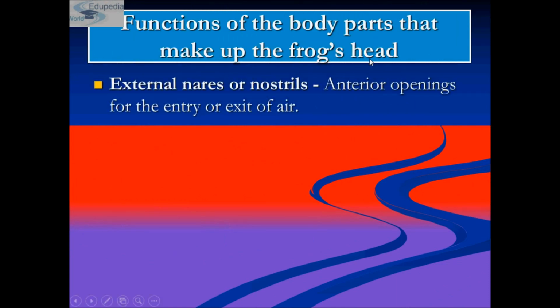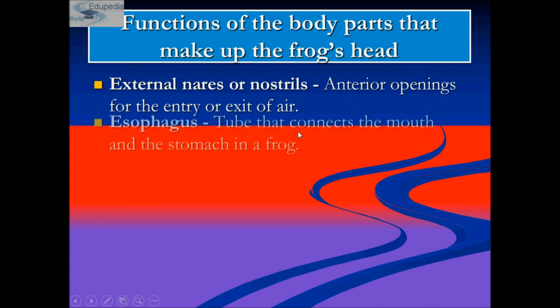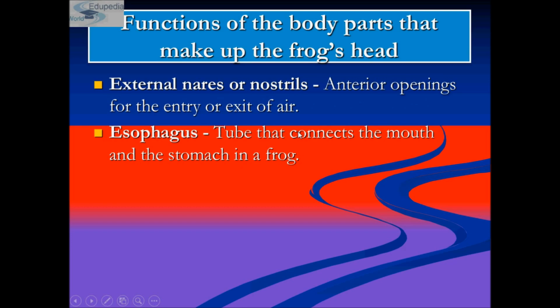Now, what are the functions of the body parts that make up the frog's head? The external nares or nostrils are the anterior openings for the entry or exit of air.